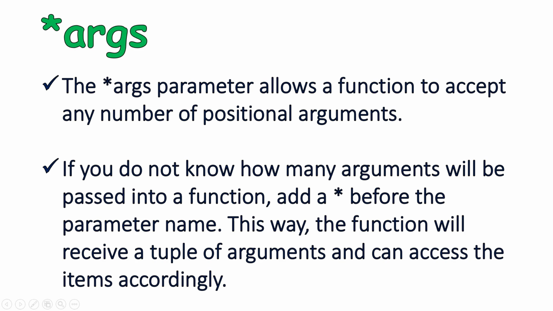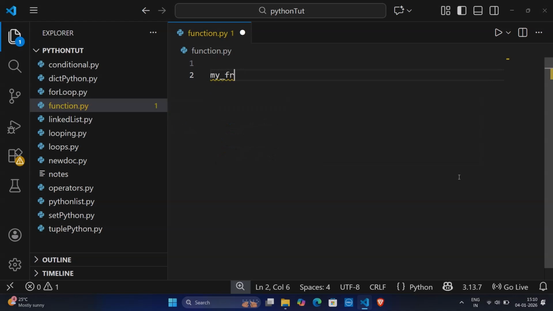The *args parameter allows a function to accept any number of positional arguments. If you do not know how many arguments will be passed into a function, add an asterisk before the parameter name. This way, the function will receive a tuple of arguments and can access the items accordingly. Let's understand in a better way with some examples.